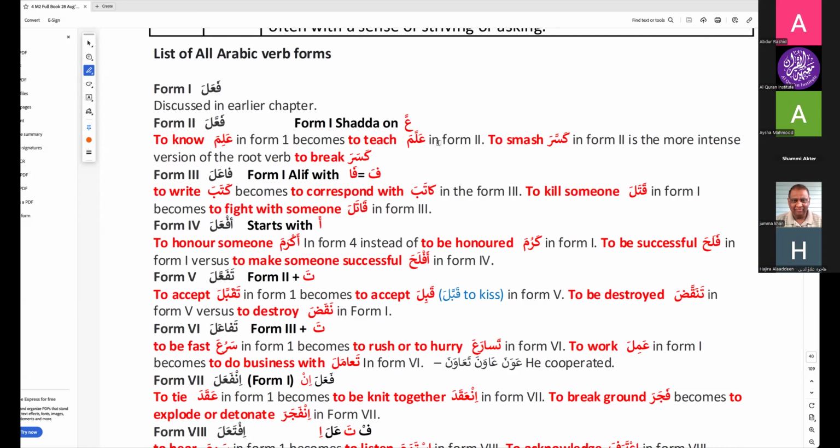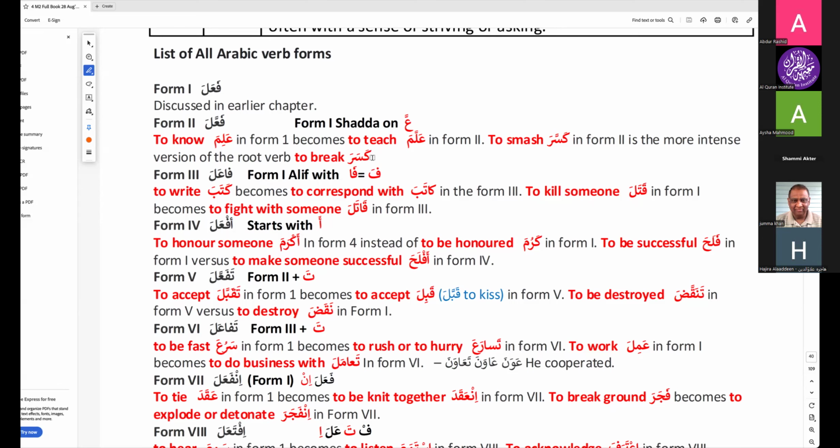Okay? And in form 2, to smash, kassara, is the more intensive version of the root verb. To break is kasara. So kasara is to break, and to smash is kassara. Again, similar examples are given at the top.